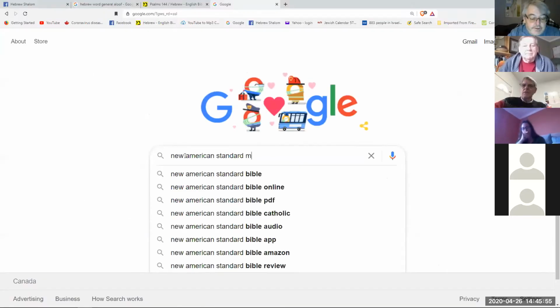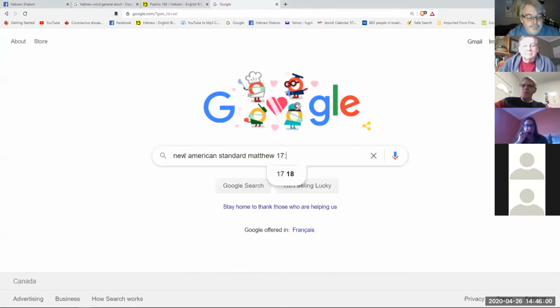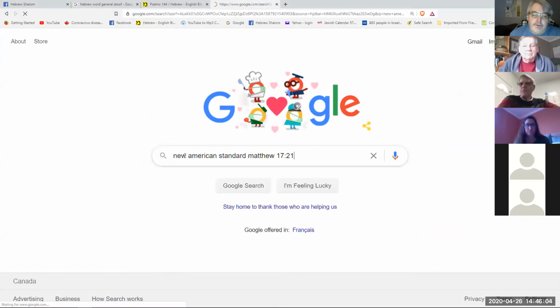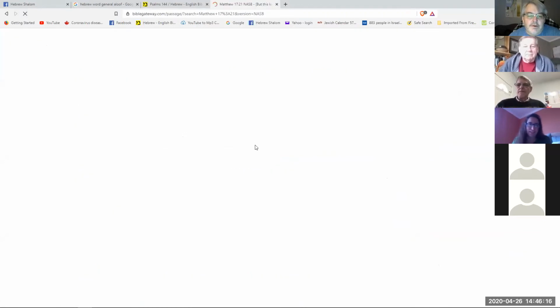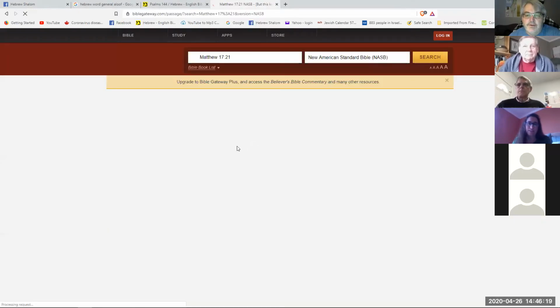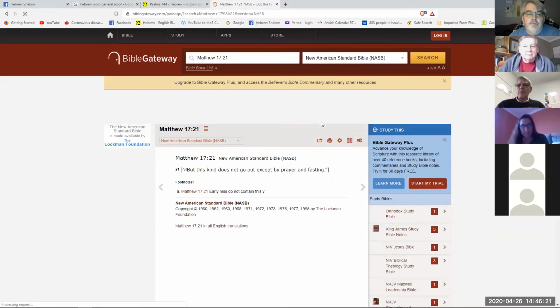Here's a test verse. This will usually tell you, because the ones that are based on the Roman Catholic that I mentioned, they hate this verse, Matthew 17:21. It's one of their most hated verses, which, surprise, surprise, right? This kind goes out, the demons go out by prayer and fasting, which, by the way, I found it in the Hebrew Matthew.